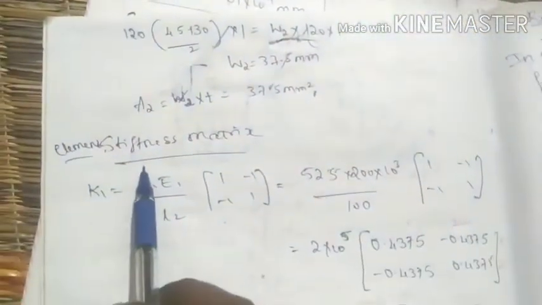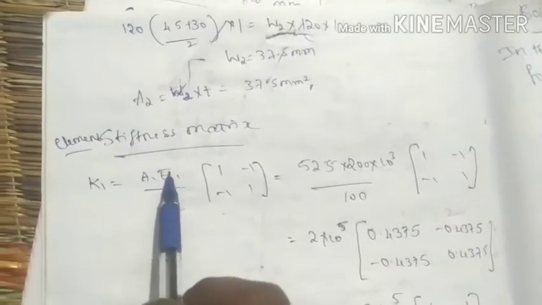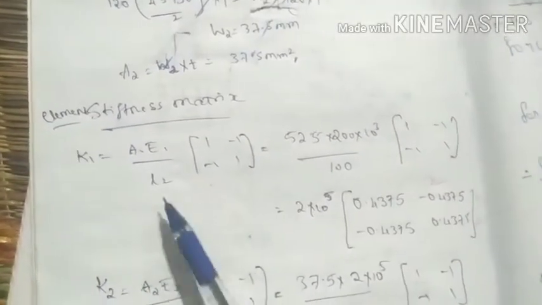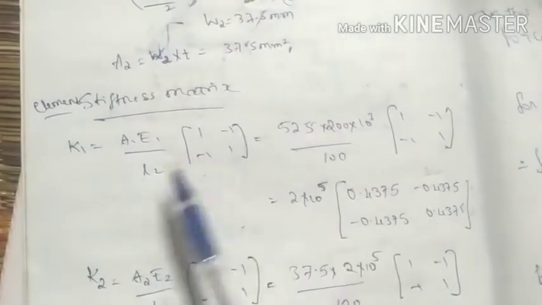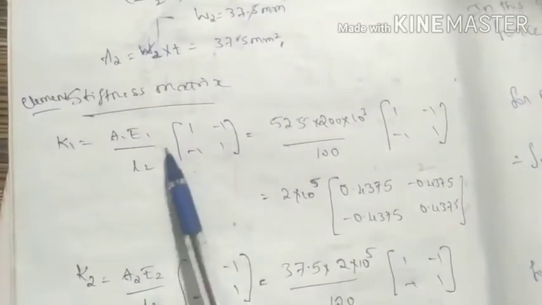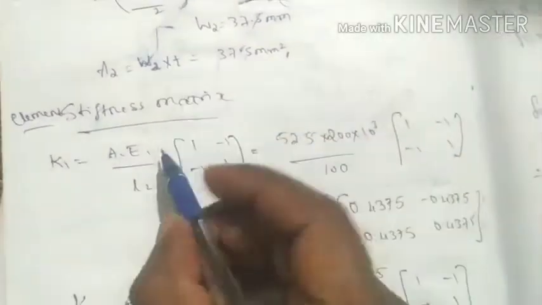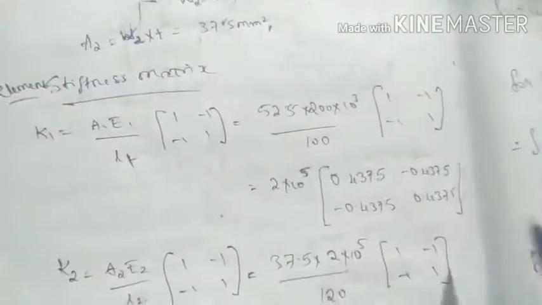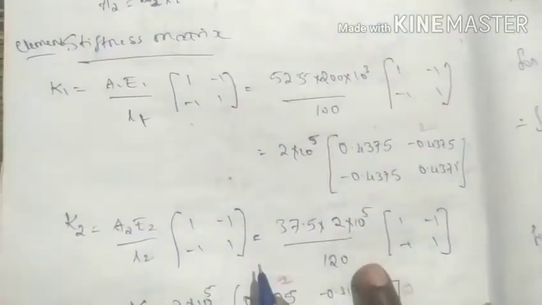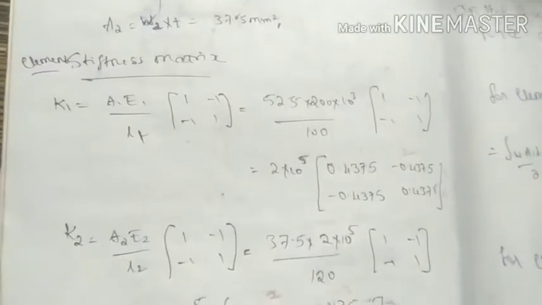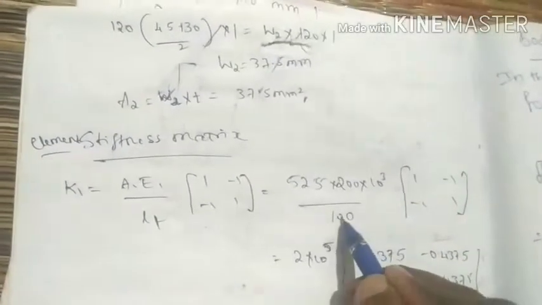Next we need to find the stiffness matrix corresponding to elements 1 and 2. This you know well: A1 E1 by L1. This is L1. Substitute the corresponding values and find out. This is not 100, this is 120.